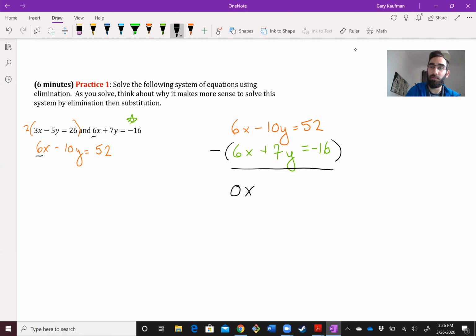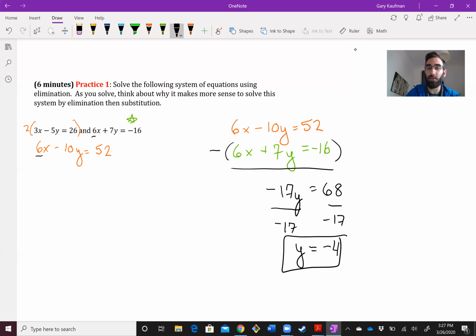I have a negative 10y minus 7, that's a negative 17y. And I have a 52 minus a negative 16. And that therefore becomes a plus 16, and we get 68. Well, I can now ignore this 0x and actually just get rid of it and divide both sides by negative 17. I get y is equal to negative 4.